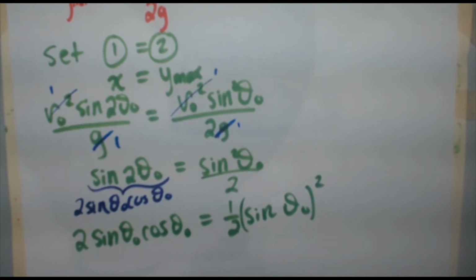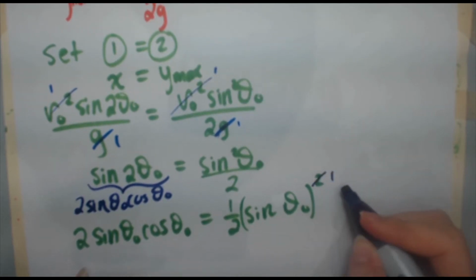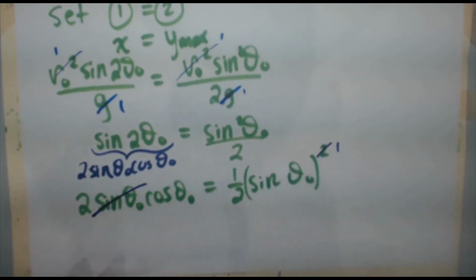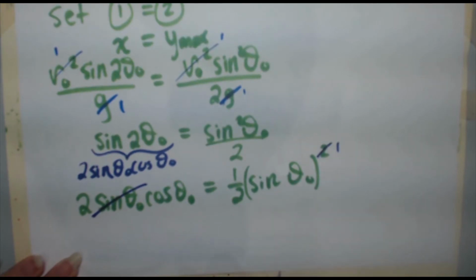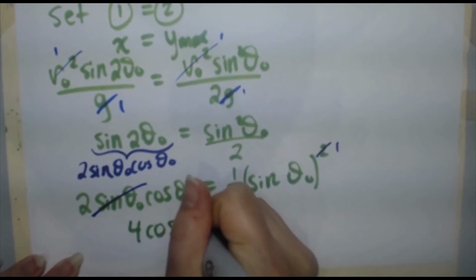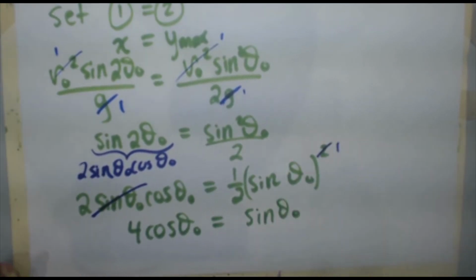At this point, I'm going to cancel out one of my sine theta naughts on the right with the sine theta naught on the left. Let's get our numbers on one side as well. Let's bring the half over to the left, so I have to multiply both sides by 2, making the right side 4 cosine theta naught equals sine theta naught. Let's get all the arguments that have theta naught on the same side.